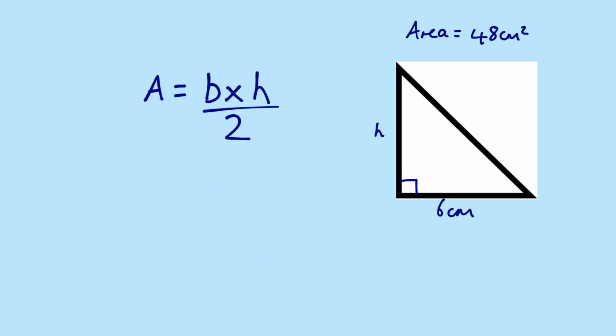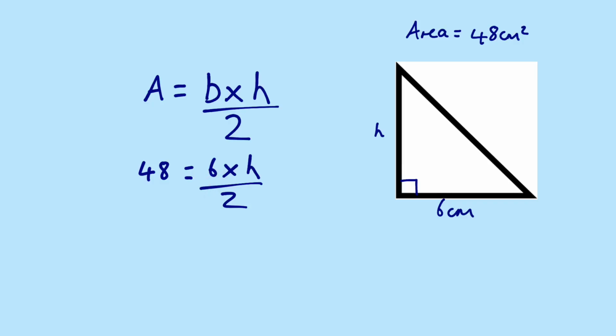So sometimes you have to work backwards. They've given you the area, which is 48 centimeters squared, and they want you to work backwards to find the unknown perpendicular height, h. So what we'll do is we have our formula, so we'll substitute our values in. So we have 48 for our area, and we have 6 for our base.